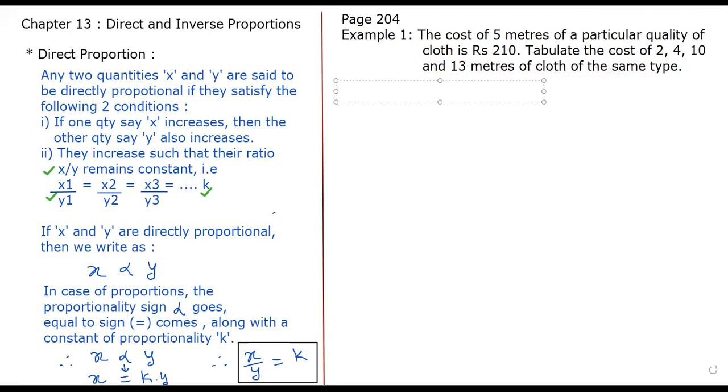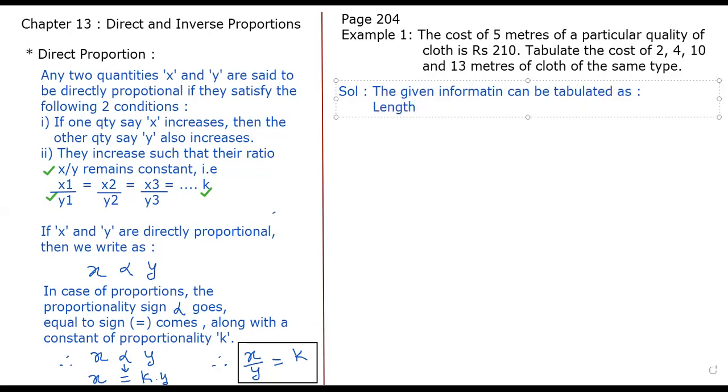Now is it clear? Now start writing along with me. Always we'll start the solution like this. The given information is compulsory. Now in your schools, they might have taught like this or not, but you will have this habit. This is the correct way of writing. The given information can be tabulated as, always remember, one quantity you will write x, that is going to be length.